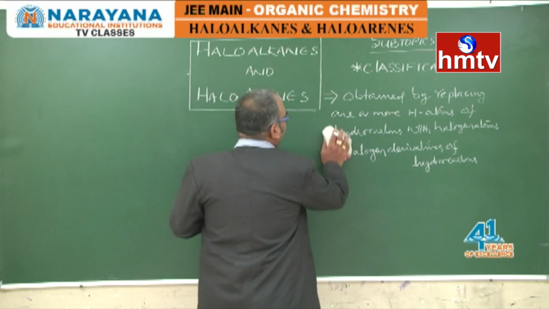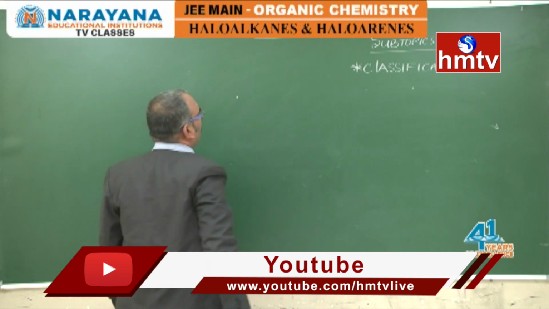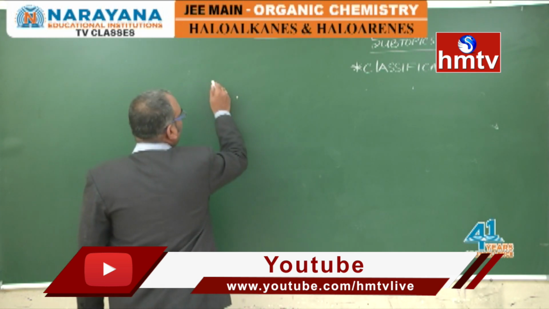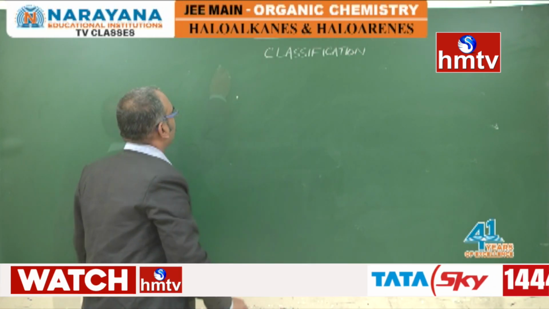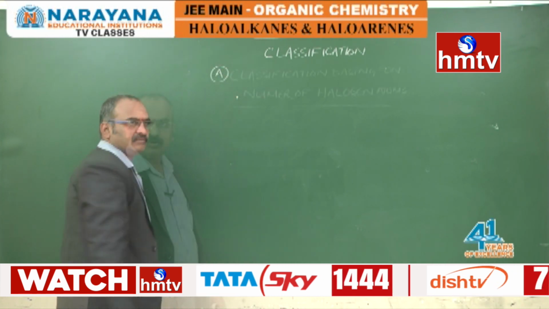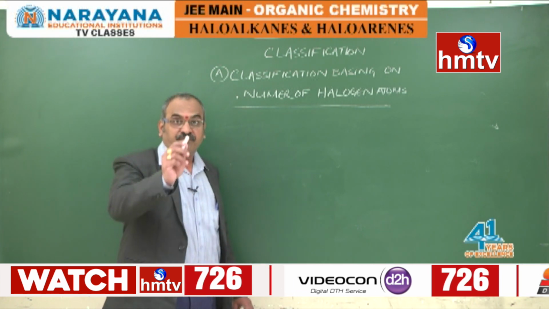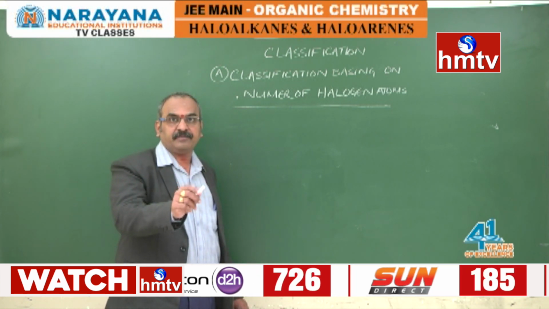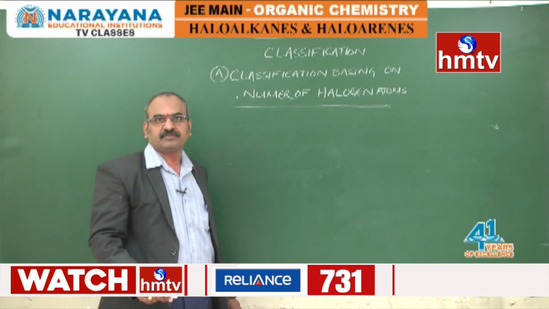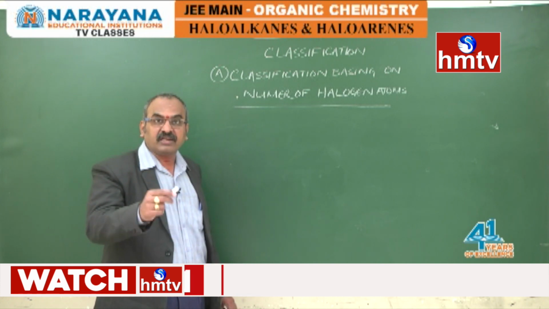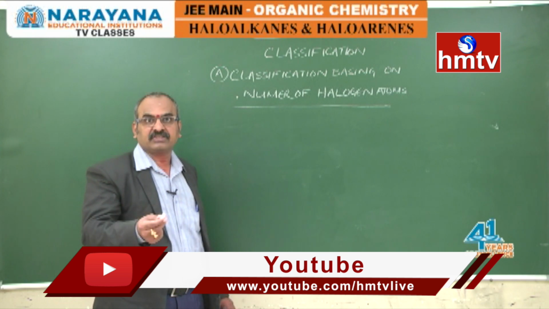Now coming to classification of haloalkanes or haloarenes, the classification can be done on different bases. The first is classification basing on number of halogen atoms. If one hydrogen is replaced by one halogen atom, we get monohaloalkanes. If two hydrogens are replaced by two halogen atoms, we get dihaloalkanes.